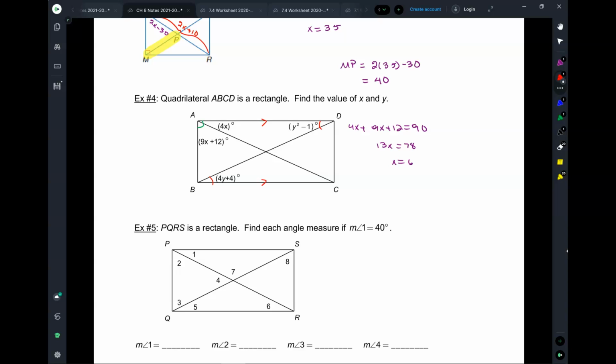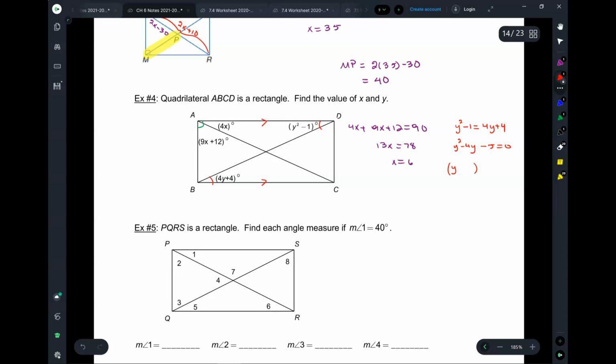Right, so y squared minus 1 equals 4y plus 4. Go ahead and solve that, and I'll walk around. We can also do it like y squared minus 1 plus 4y minus y squared minus 4y minus 5 is equal to 0.